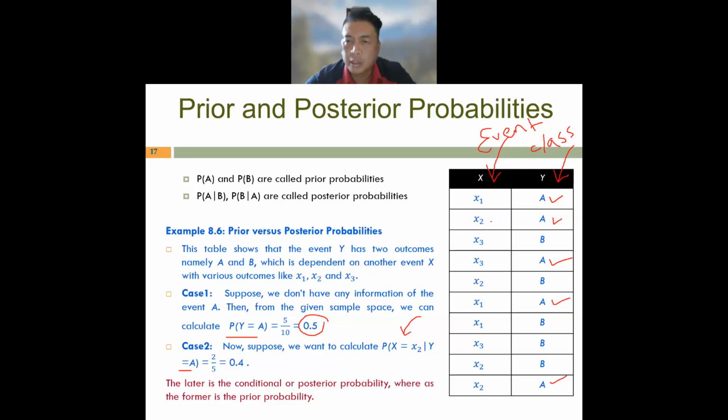Counting, x2 appears 2 times out of 5, so the probability of x equal to x2 given that y is a is 2 over 5, which is 0.4. This is the technique that we will use to compute the classification using the Bayes theorem.